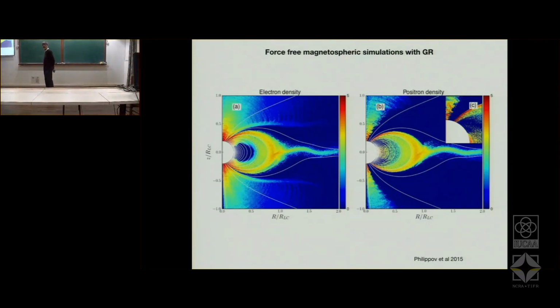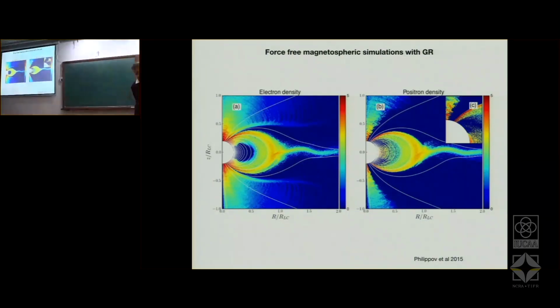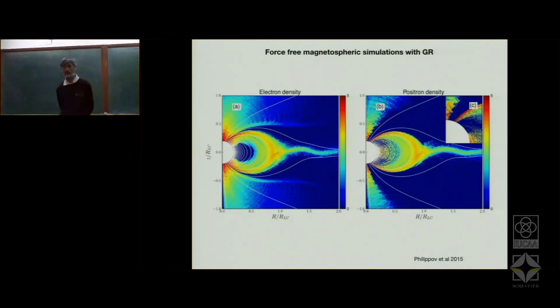And those areas are the primary active areas where accelerating potentials exist, and you can have generation of pairs and acceleration of particles, and those are the regions which are the likely active regions for radiation.